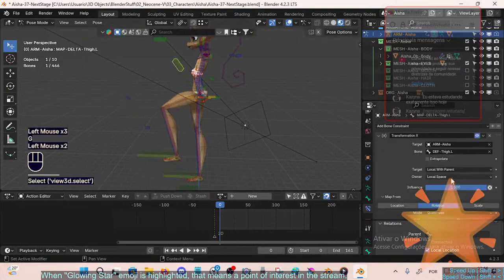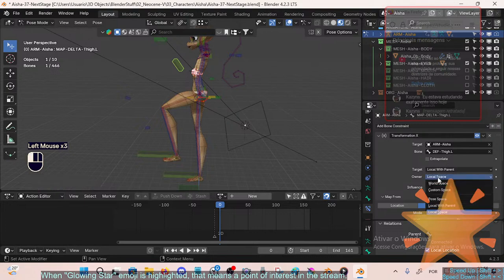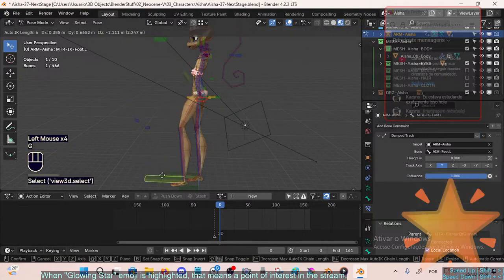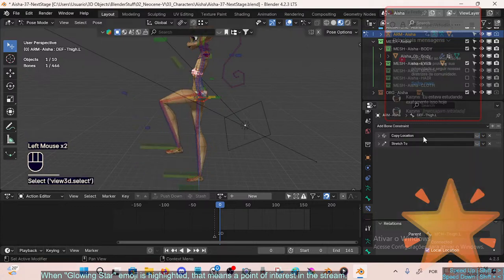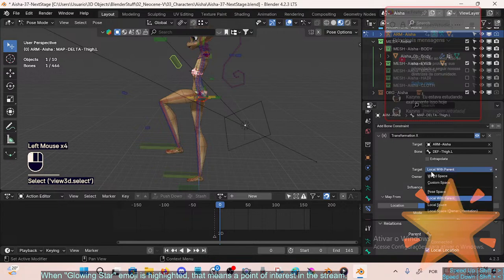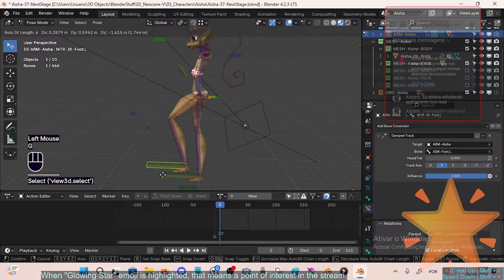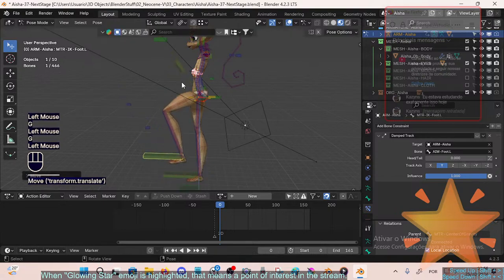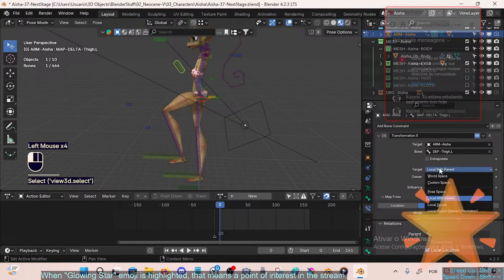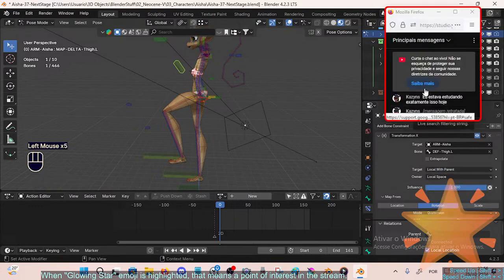And see, I don't need the owner. I don't even know why, but this is not required. The important thing here is the target, local with parent. I used this bone constraint space for some other things. I didn't know it would solve this particular problem, although I have some intuition about that. So that's how we use this stuff, one way of it.